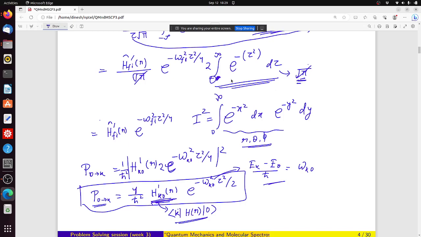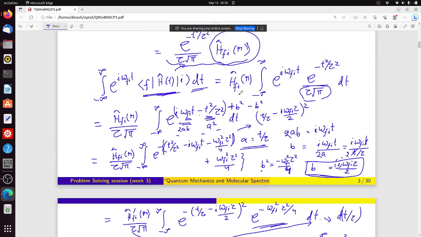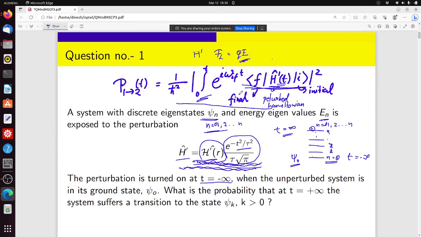Just check. Okay, this is minus infinity to plus infinity, this is root over pi, or 0 to infinity. Okay, there will be some difference of 2. Okay, so the procedure is this. Any questions?